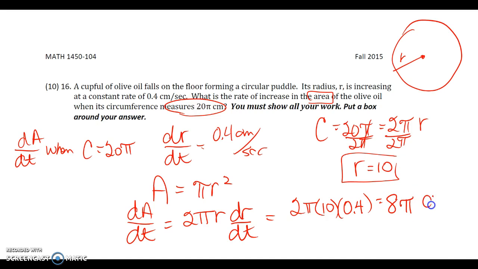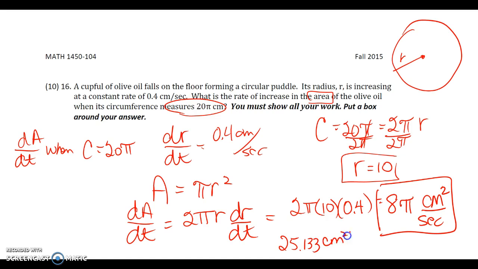And this is change in area, so it has to be centimeters squared per second. All right? So that one's pretty straightforward.